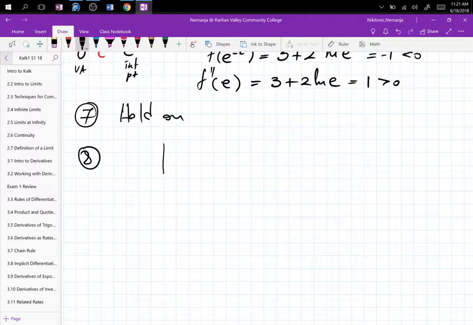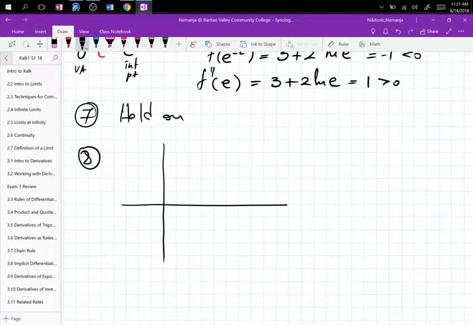To draw this graph, I'm going to focus on the domain part, which is 0 to infinity. I have a vertical asymptote at 0, right?